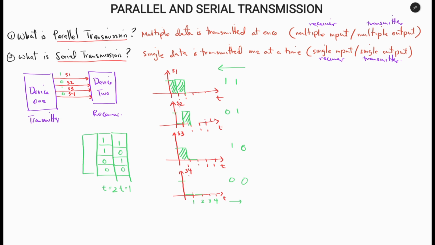And if we now have another data such as 0, 0, 1, 0, we can have the time equals 3 seconds. We now have 0, 0, and we have 1, and we have 0, and we assume data is moving in this direction.